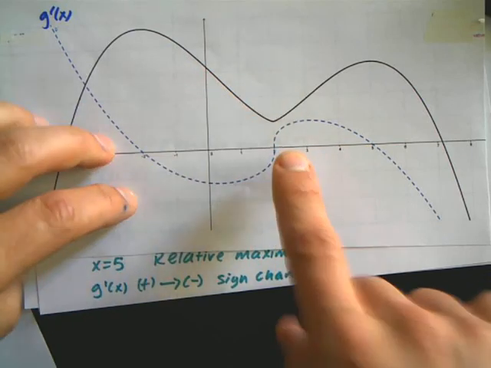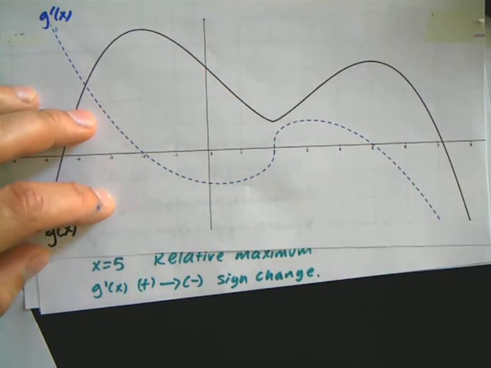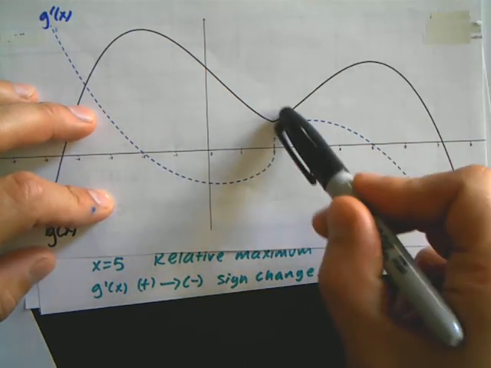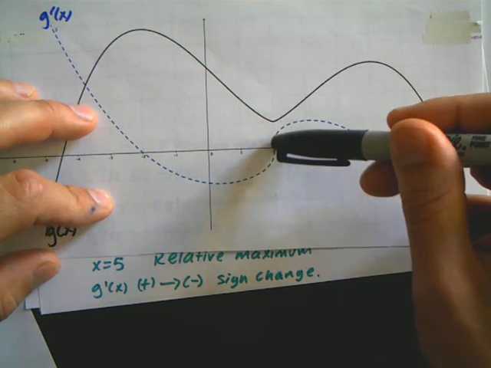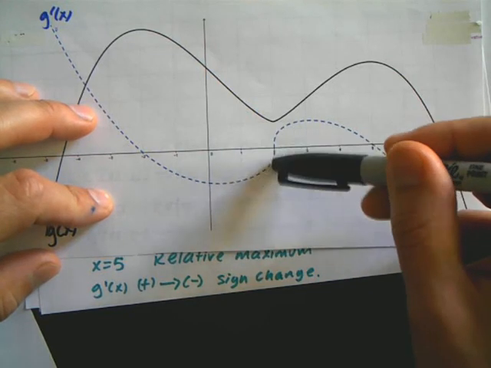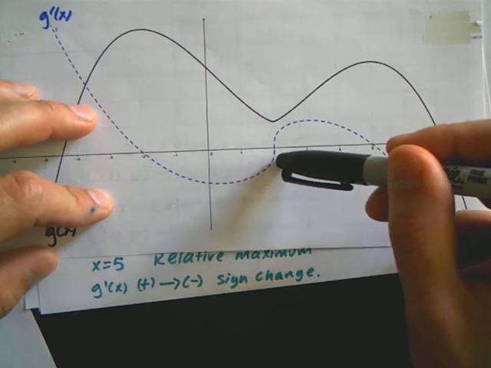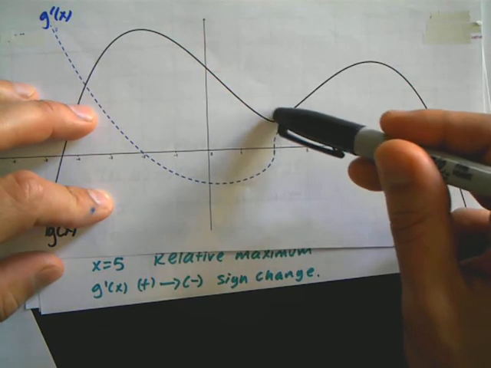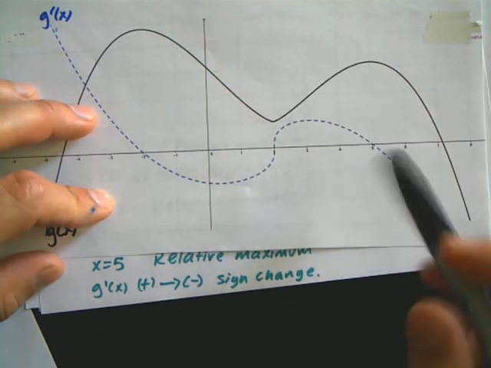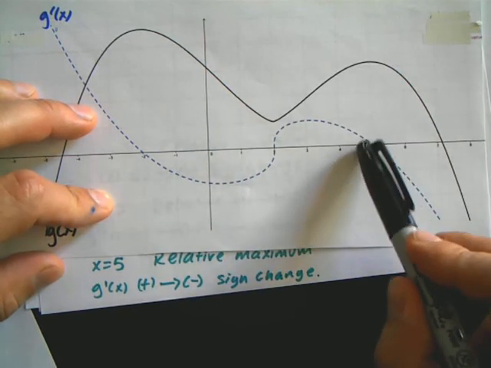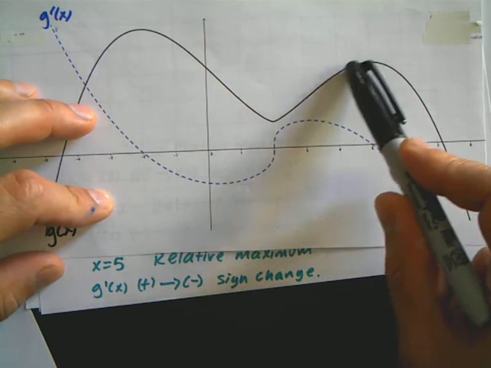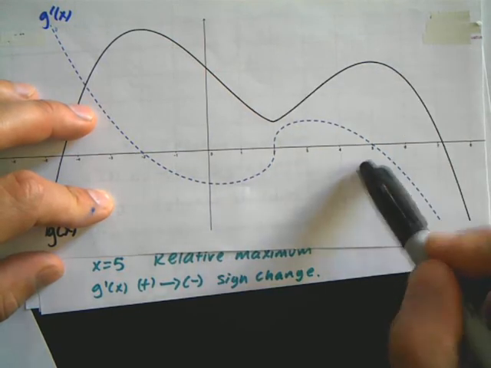And you can see on the graph there's a kink on the graph of g, which makes the derivative not differentiable. That's why there's a vertical line at 2. It's not defined at 2 because of the kink on the function. And then at 5, there was a maximum, this little hilltop. And that's it for this video.